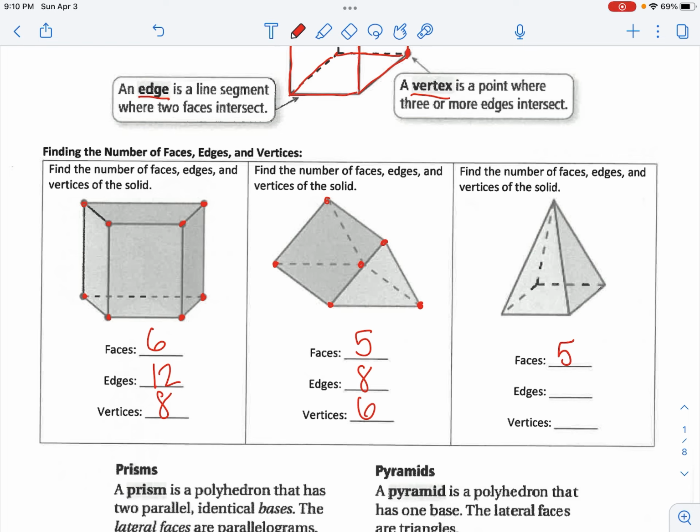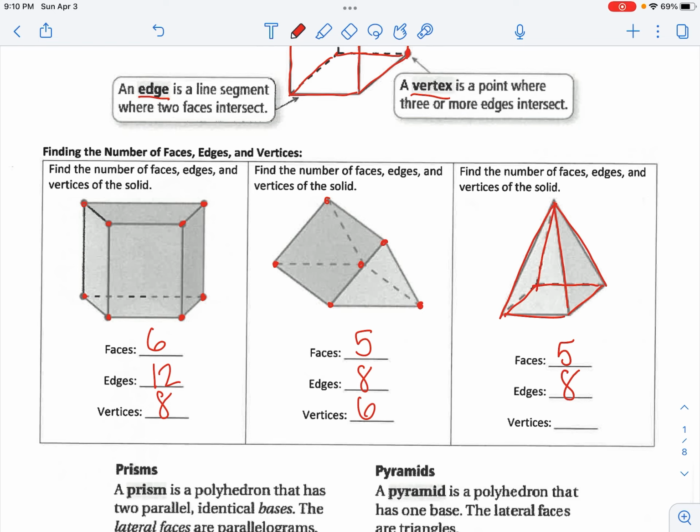So my edges, I have 1, 2, 3, 4, 5, 6, 7, and 8. So 8 edges.